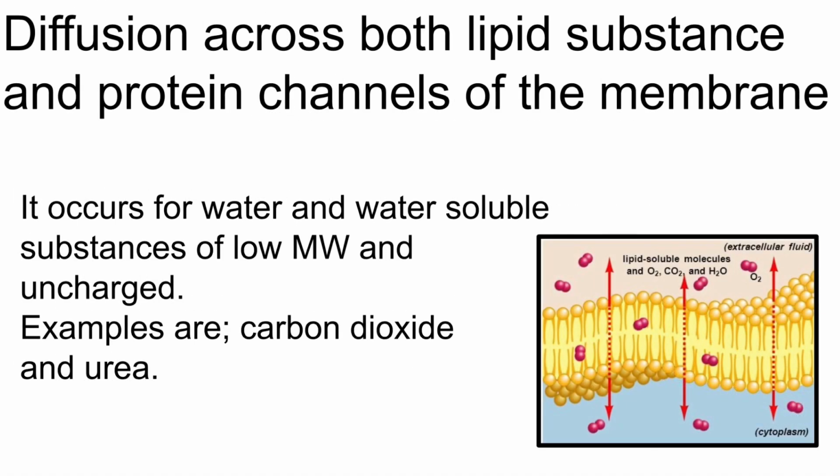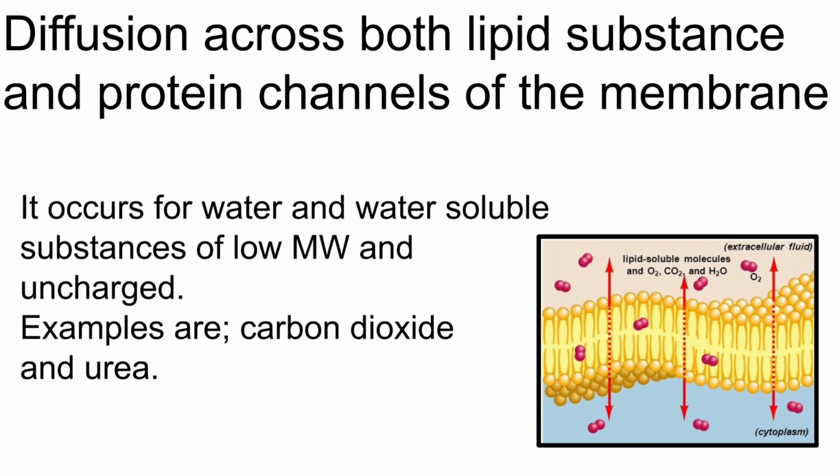Thirdly, diffusion through both the lipid bilayer and protein channels. This occurs for both water and water-soluble substances which have two characters. Firstly, a small molecular weight which allows them to diffuse through the protein channels.